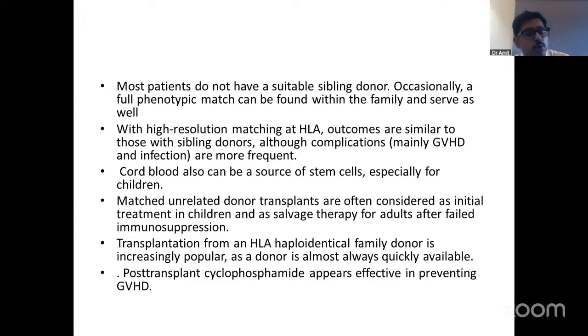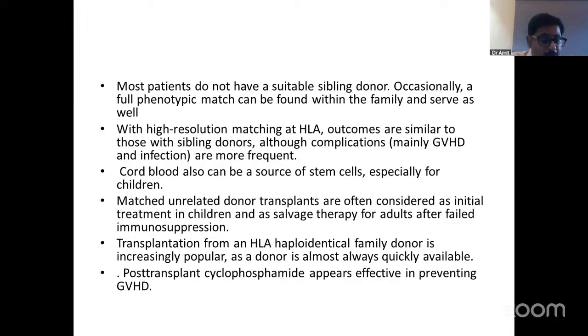Unfortunately, most patients do not have a suitable sibling donor, and occasionally a full phenotypic match is found within the family. Now, with high resolution matching at HLA, outcomes are similar to those with sibling donors, although complications are there. Cord blood could also be a source of stem cells, especially for children.